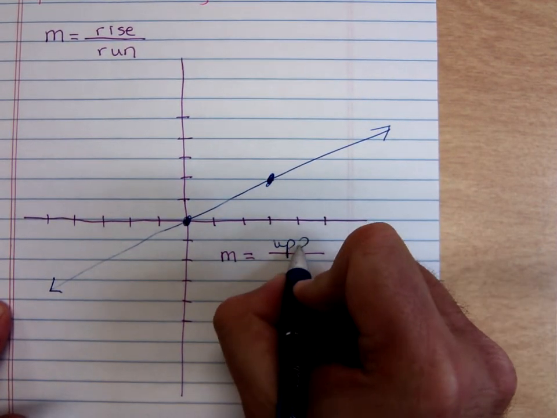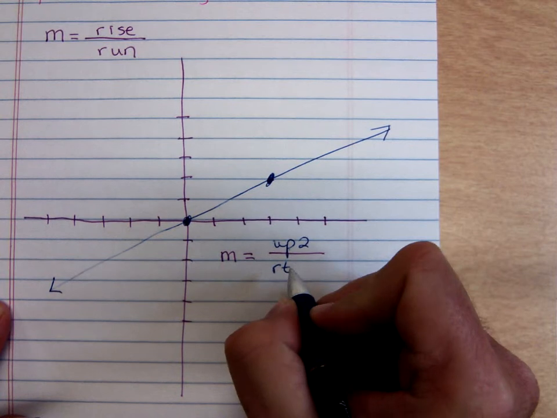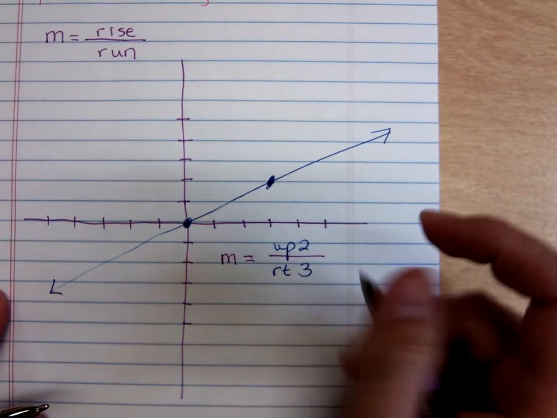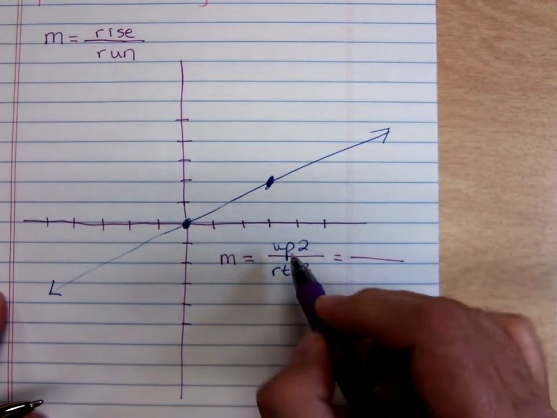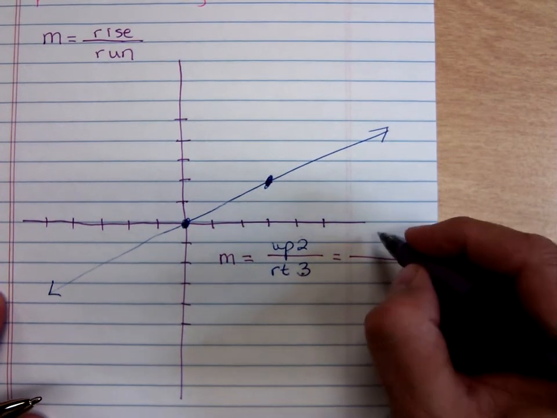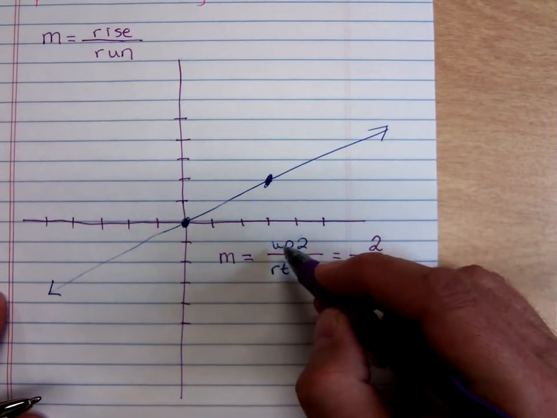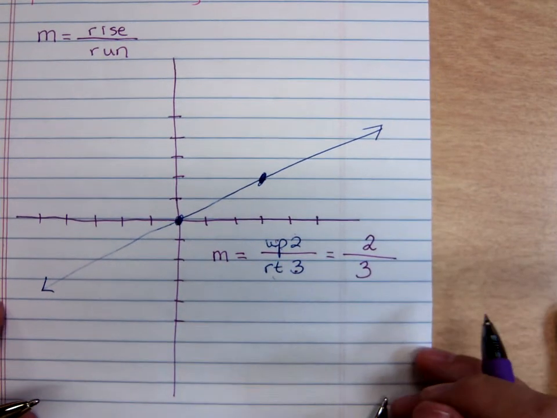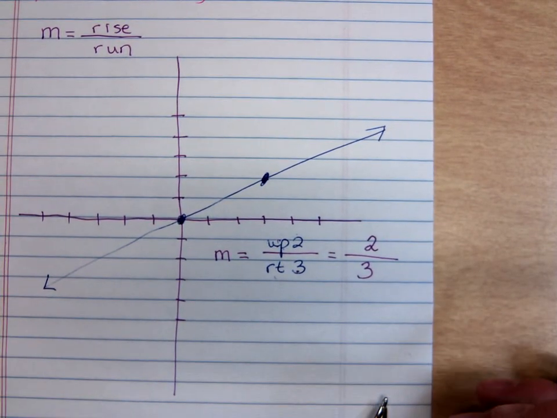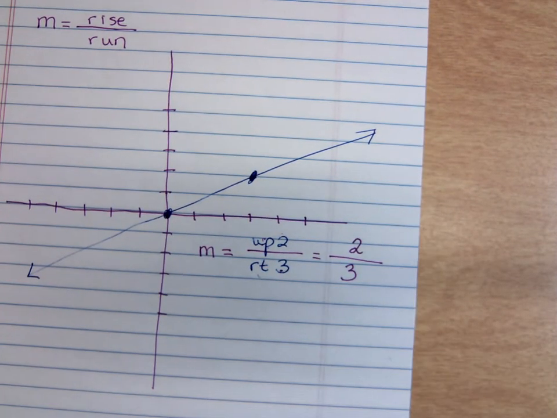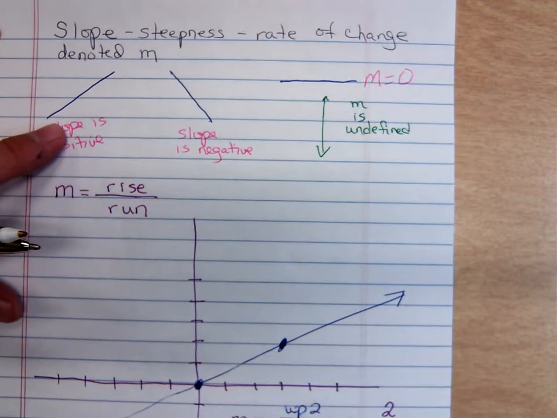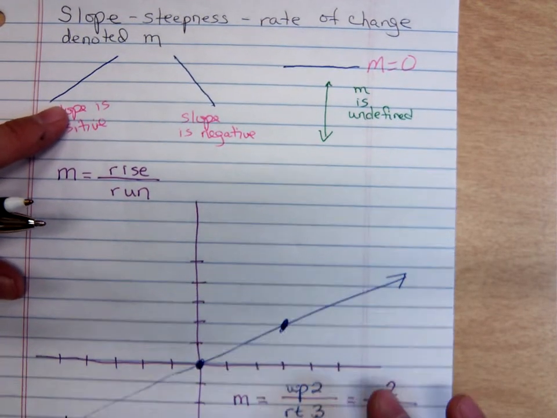I'm going to write RT for right 3. Since both of those are positive, up and right, the slope is 2/3. That coincides with what I said here. A line that's slanting upward to the right has positive slope.